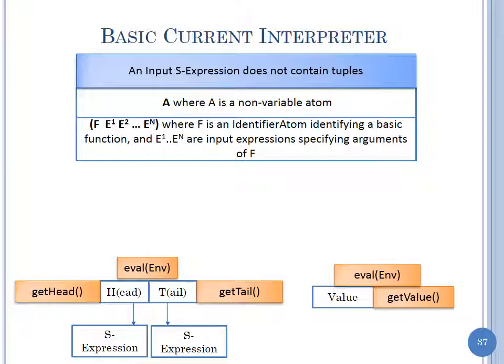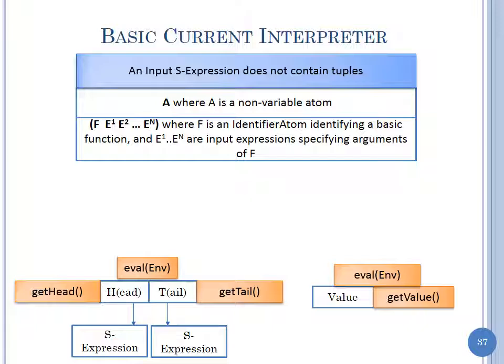Okay. And we have been somewhat constraining so far in our input. We know that an input X expression can be an arbitrary X expression as long as it doesn't contain tuples, and we had two specific cases. That expression can be an atom. If it's an atom, it better not be a variable, better not be an identifier.